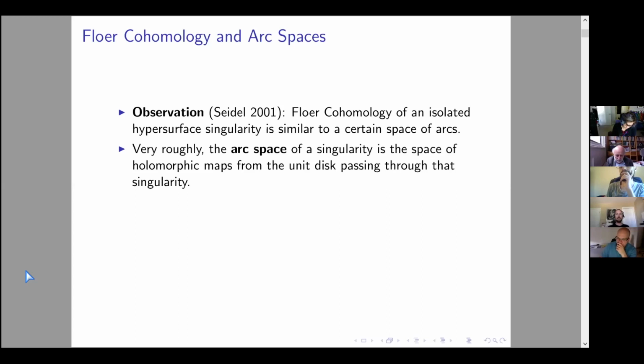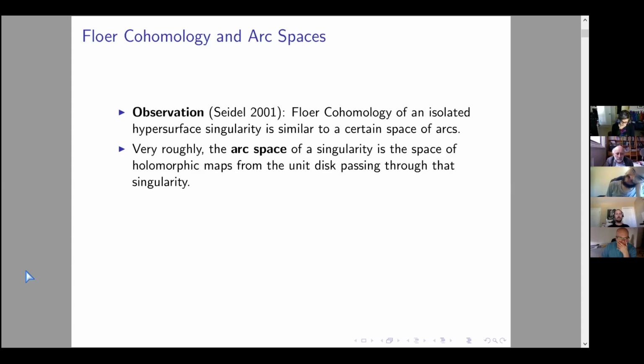So very roughly, the arc space of, say, a singularity or even a variety, is a space of holomorphic maps from the unit disk to that variety, maybe passing through this singularity if you have a singularity you wish to choose. Okay, so it's just some space of holomorphic disks.